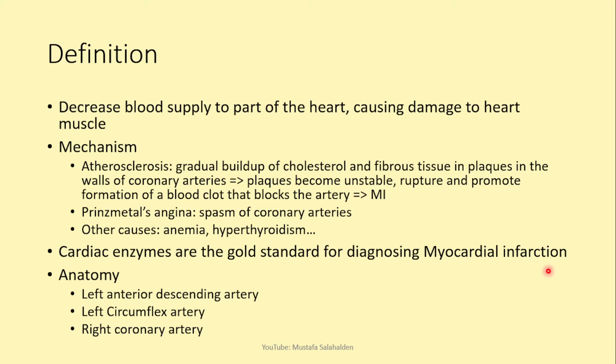And regarding anatomy, I want you to focus on the left anterior descending artery, which is a branch of the left main coronary artery, and also the left circumflex artery, which is the other branch of the left main coronary artery, and the right coronary artery.